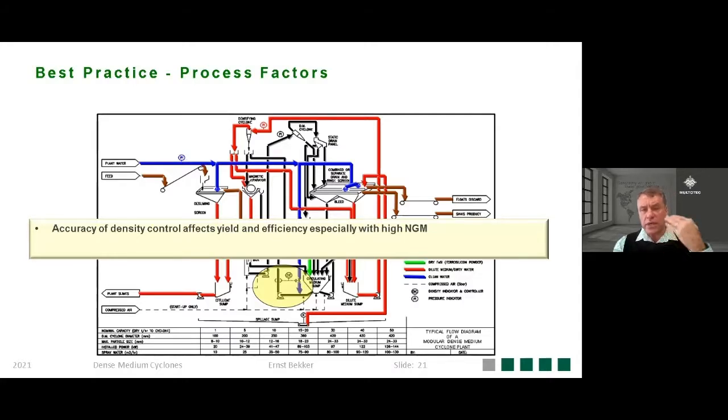Has it been calibrated with water? Those are sometimes small things, but people should know about it. It's actually a no-brainer, yet it does happen in the process. And once you have calibrated your densitometer to the wrong settings, you won't know until you see that you're starting to lose money from the process.